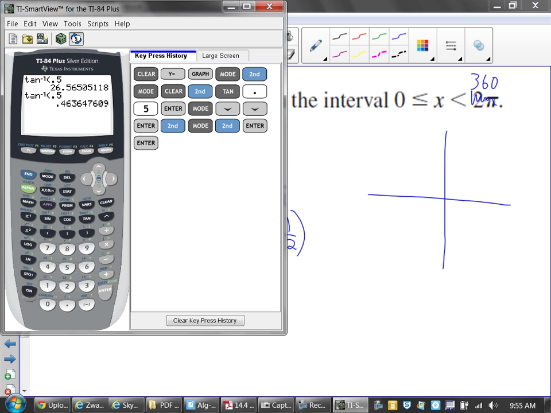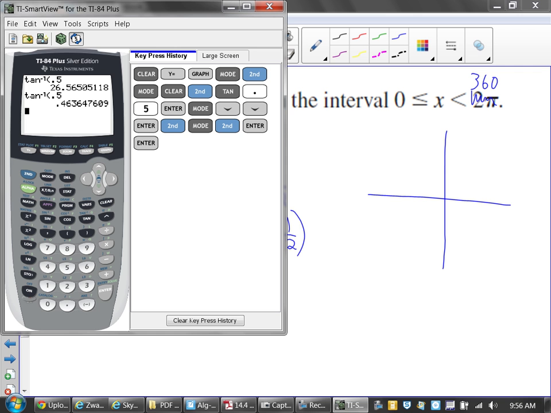What this is doing is giving me that 26 and change degree angle in terms of radians. It's basically taking the degrees multiplied by pi divided by 180. If you did that long-handed with that decimal value, you would get this.